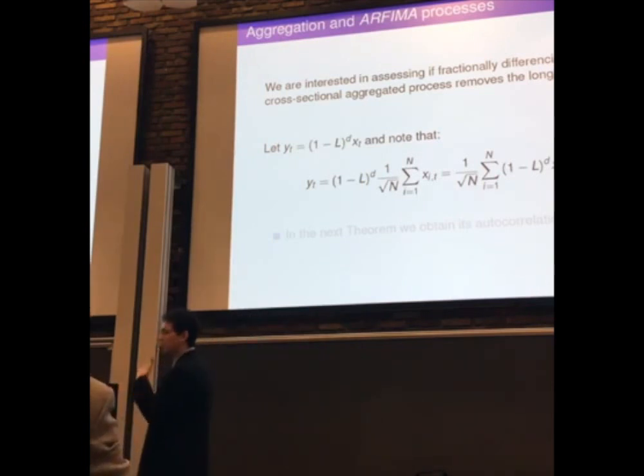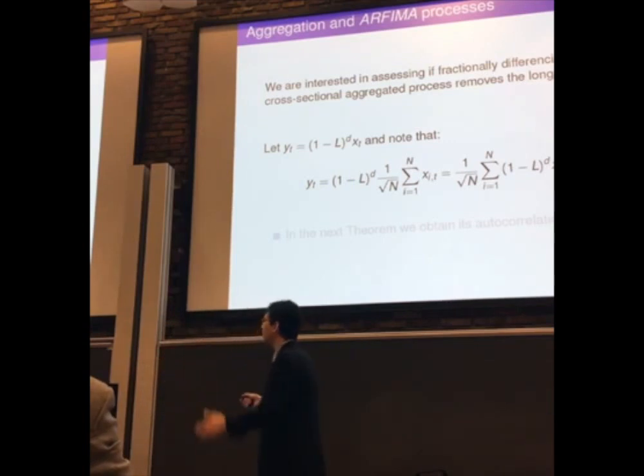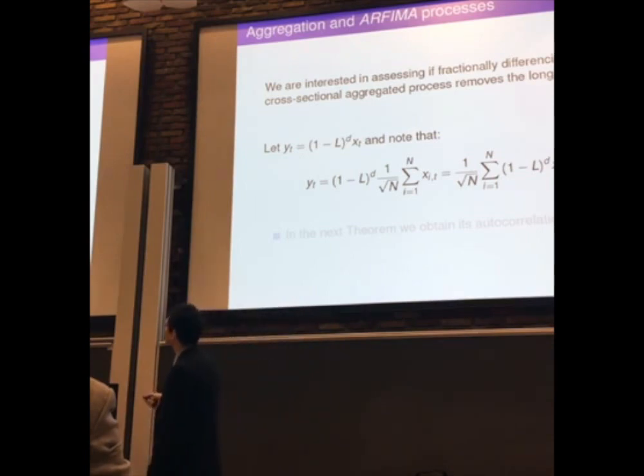So we have our cross-section aggregated process from before. Now we're going to take a fractional difference of that. And we know the theoretical value, we know the right d. So we're going to try to take the right memory out of there and see what we're left with, just for demonstration purposes. So this is just replacing X_t. We know it's the average of this, and then the fractional filter is a linear process, so you can just go there.